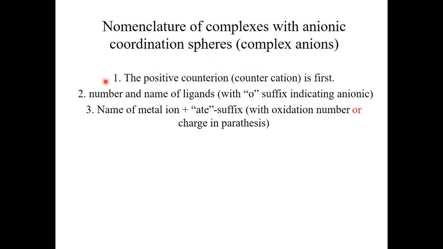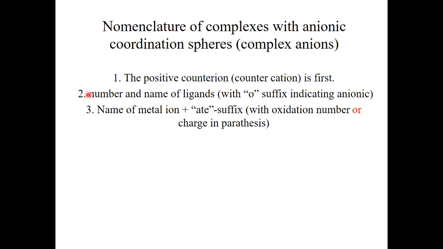In this case, you need to name the positive counter ion first, but you do not number the positive ions with the Greek prefix. We just name the ion without numbering it.